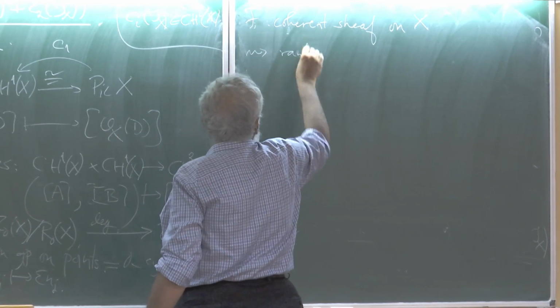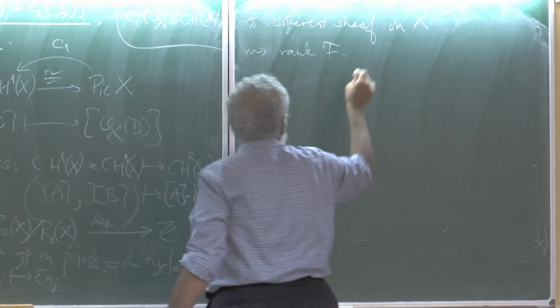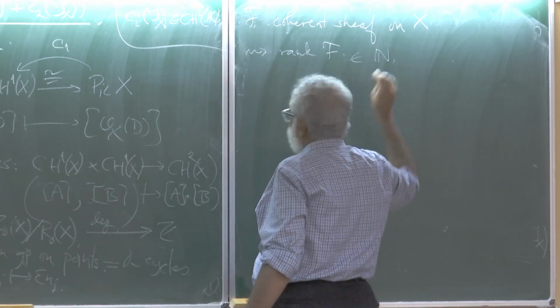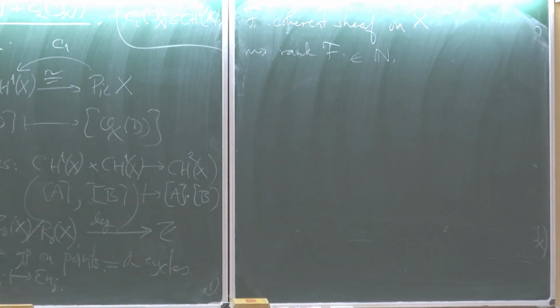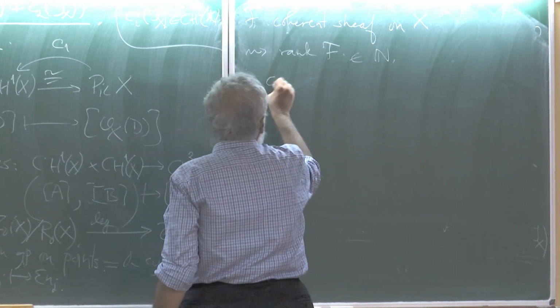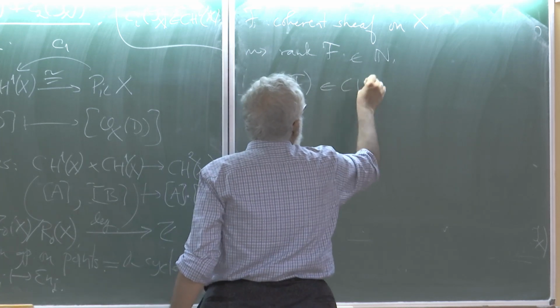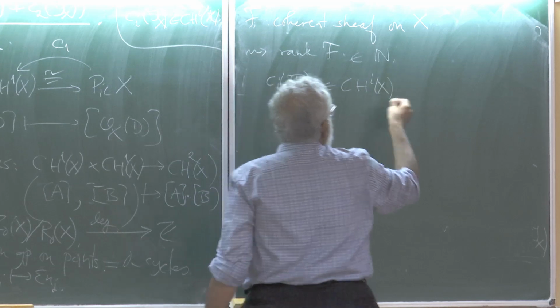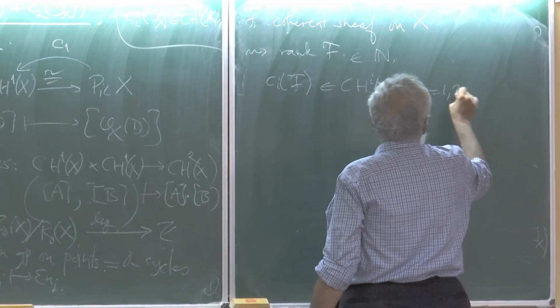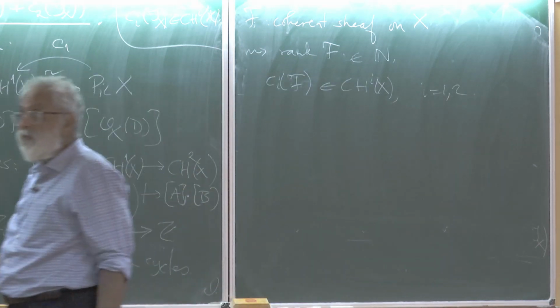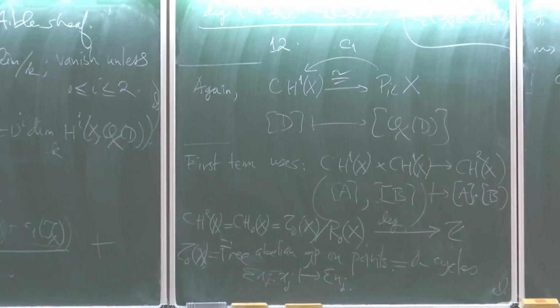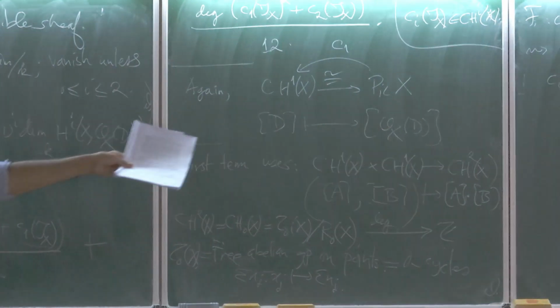First of all, since it's no longer necessarily an invertible sheaf, I have its rank, which is some positive integer basically, unless F is 0. Then I have Chern classes CiF. And now in general, i could be 1 or 2. For example, F could be the tangent sheaf. It had a C2, right, that appeared in the formula. So a general sheaf F may have a C2.